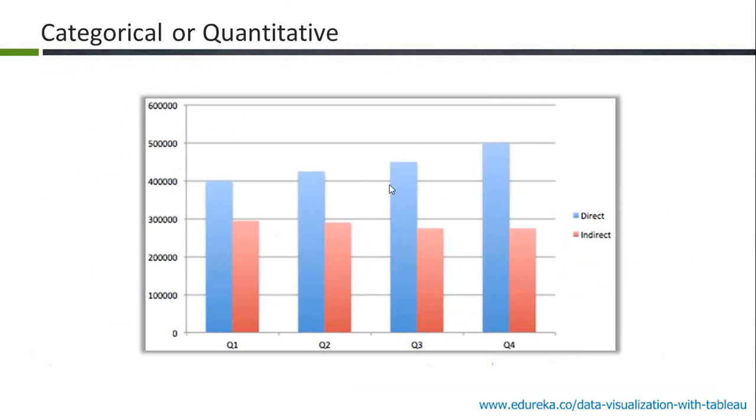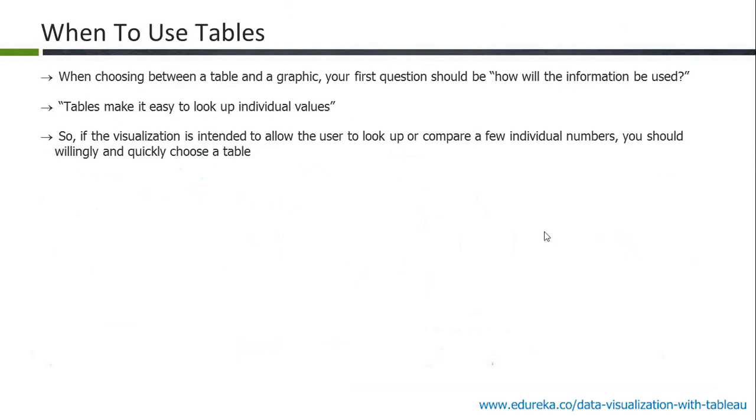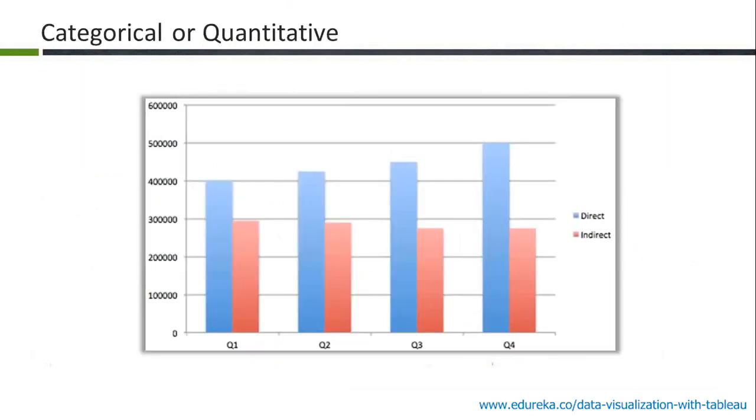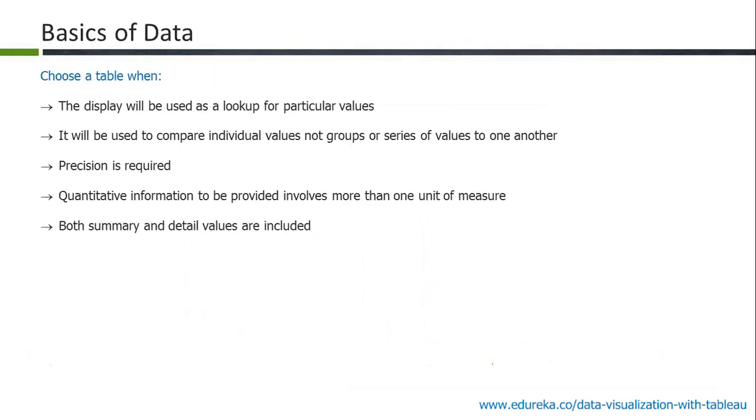This is more of a quantitative data because it's showing me sales across quarters for two types of revenue channel. If you flip the graph and put direct and indirect here and Q1, Q2, Q3, Q4 as color, then it will become a categorical thing.